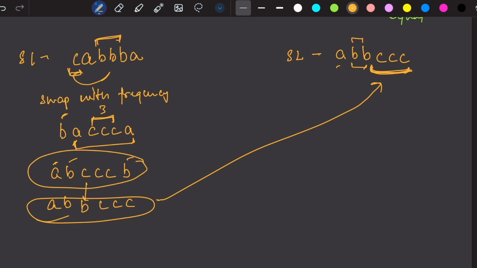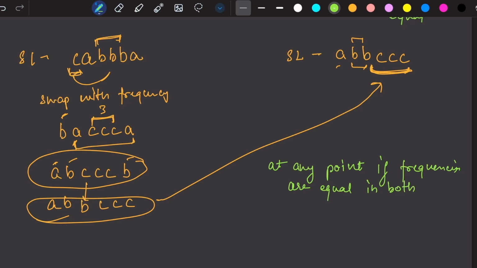The main point that we have discussed is that if at any point the frequencies are equal in both the strings, we can say that they are close, right?